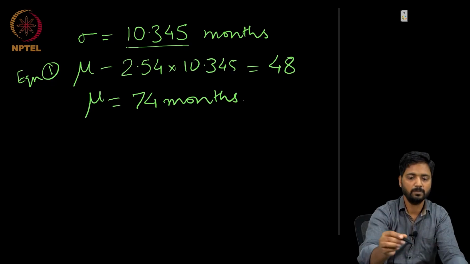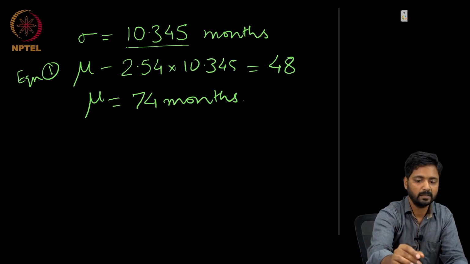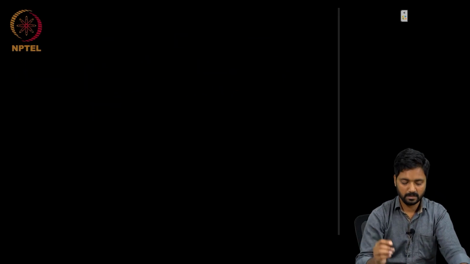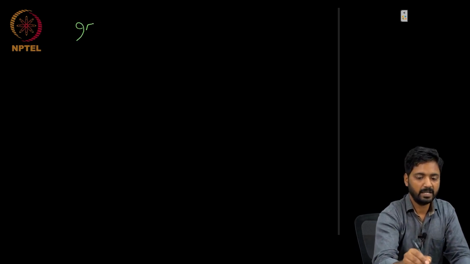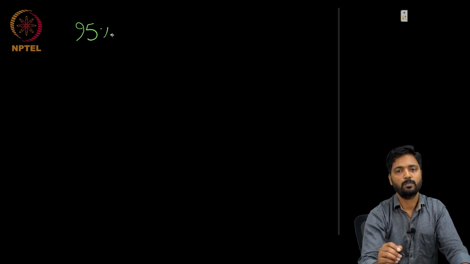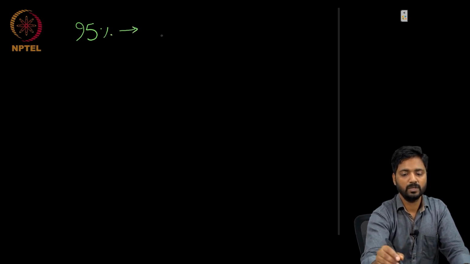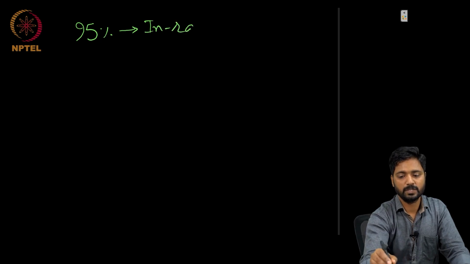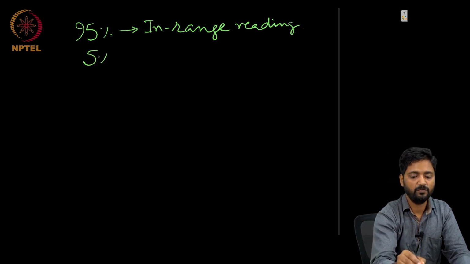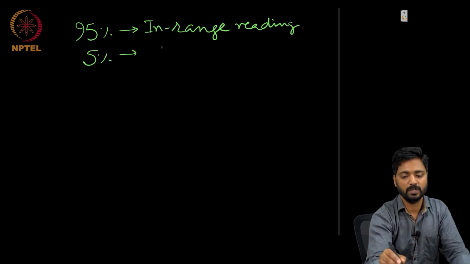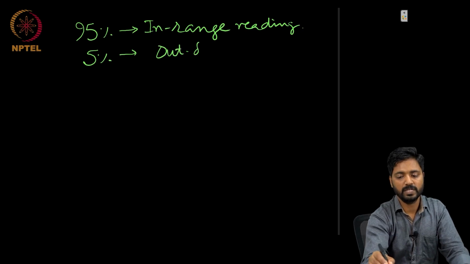Let us go back to the board, and here what we know is that 95% population would give the in range reading, and 5% of the population will give out of range reading.